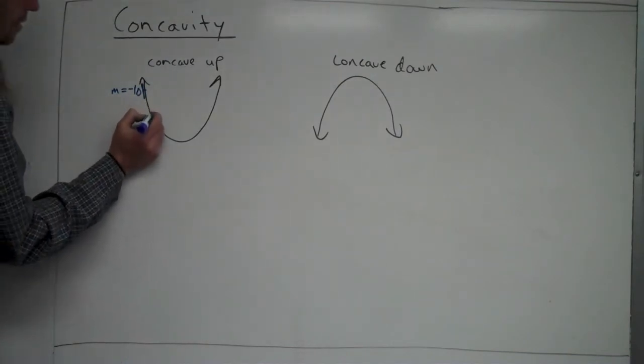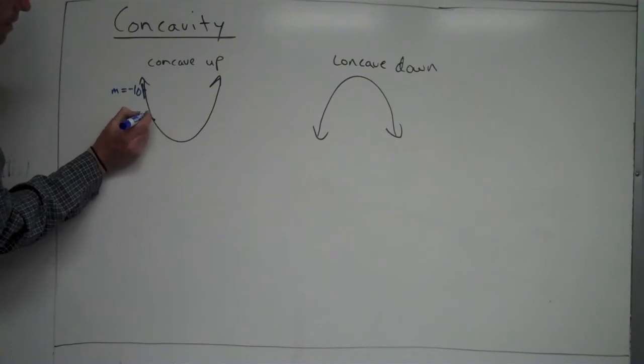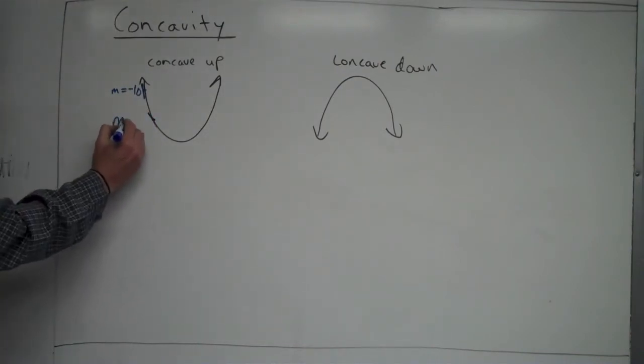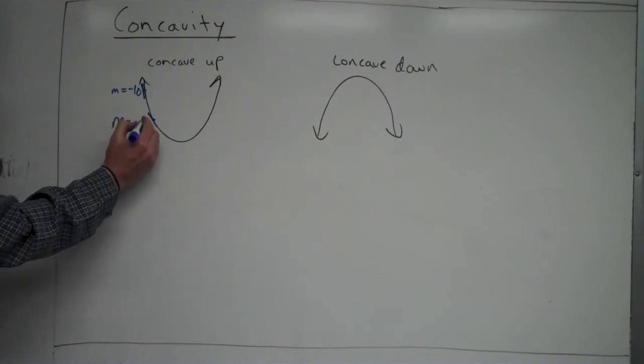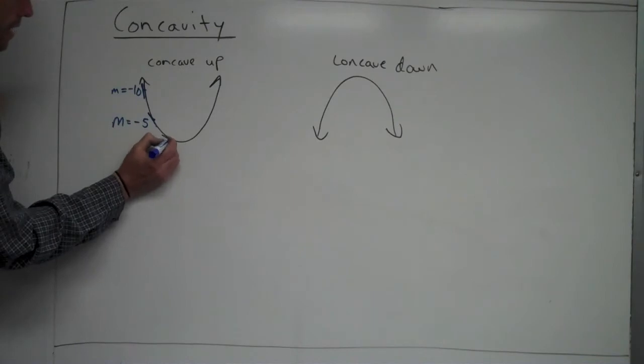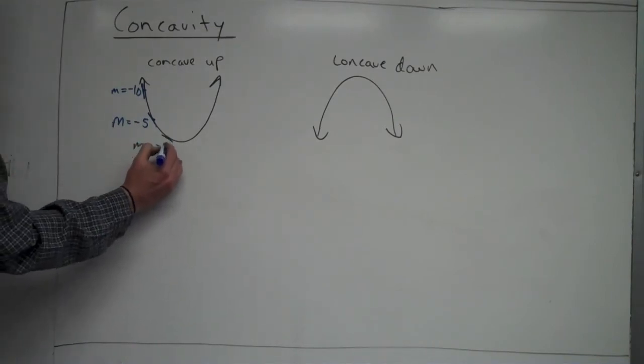And as I move to the right, I notice that this slope right here is still negative, but it's not quite as steep. So that slope might be negative 5. And as I go down here even further, the slope's even less steep. It's still negative, but not as steep, so let's say that slope's like negative 1.